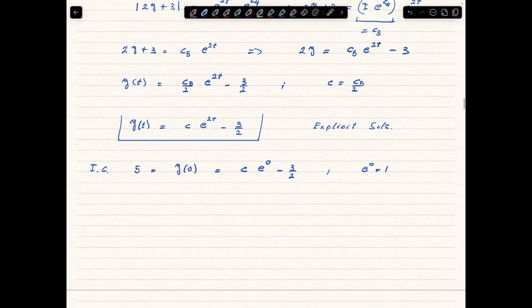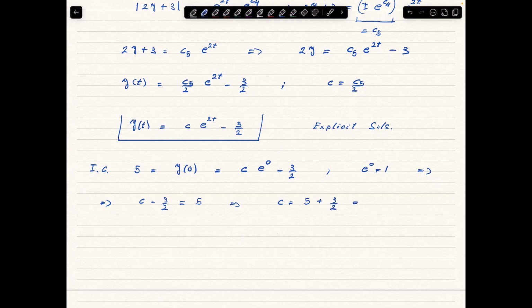So from here we get the value of the constant, because we have that c minus 3/2 is 5. That implies that c is actually 5 plus 3/2. How do we do this calculation?